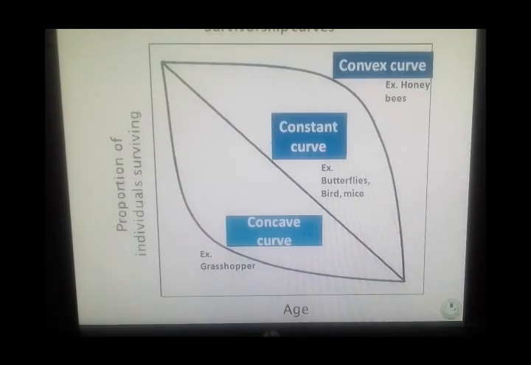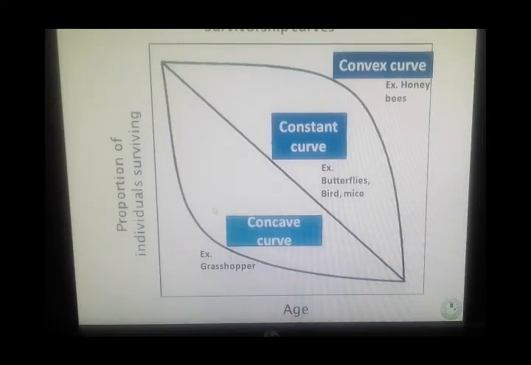If we plot the population of individuals which are surviving on the y-axis, and age on the x-axis, then we get three different types of curves which you are seeing here. One is a convex curve, definitely this one is convex. This is a constant one, a straight line, and this is a concave curve.